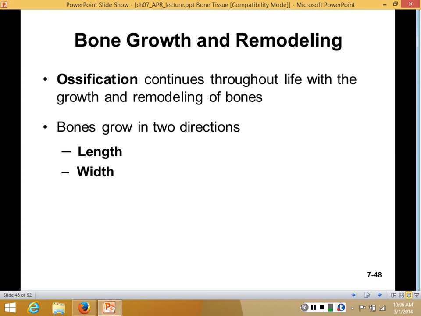These two terms are in your textbook on page 218. They have interstitial growth in bold, and appositional growth in bold as well, under bone widening and what? Thickening. Okay.